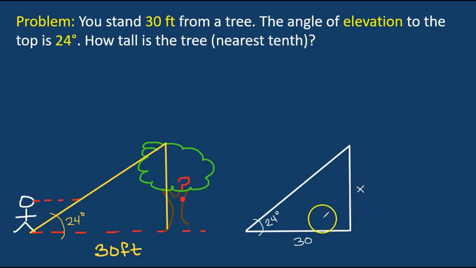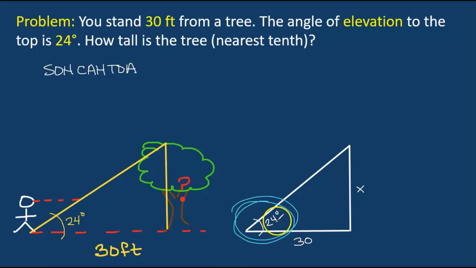Now we can simply use our trig functions from SOHCAHTOA to help us solve. To use SOHCAHTOA, it's very helpful to first identify what you've been given. Our angle is here, so we have to orient to our angle and figure out what we have.